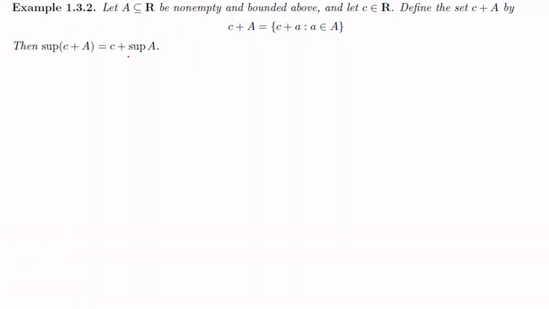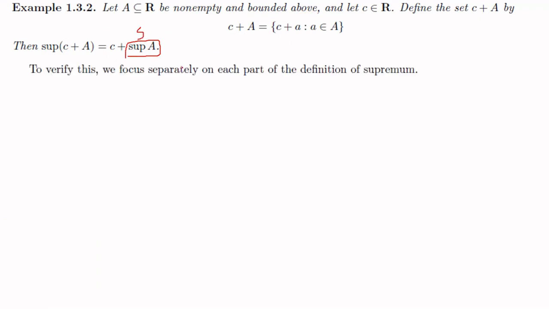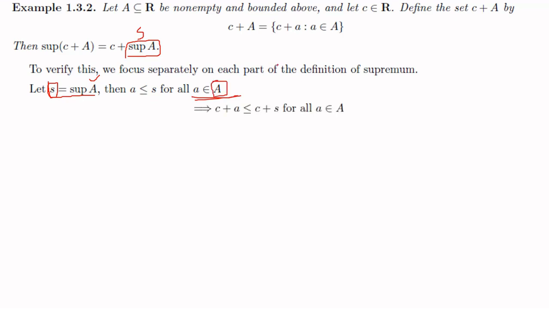So firstly, we will take this supremum of A as S for convenience. So let S be equal to the supremum of A. Then by the definition of supremum, supremum means the least upper bound. That means it is an upper bound. So S is an upper bound of the set A. So you have a is less than or equal to S for every a element of capital A. Now we add C to both sides.